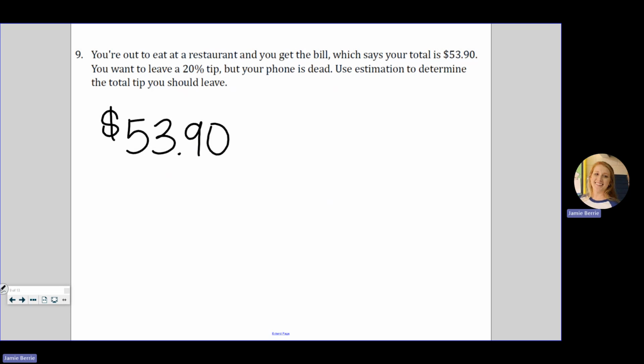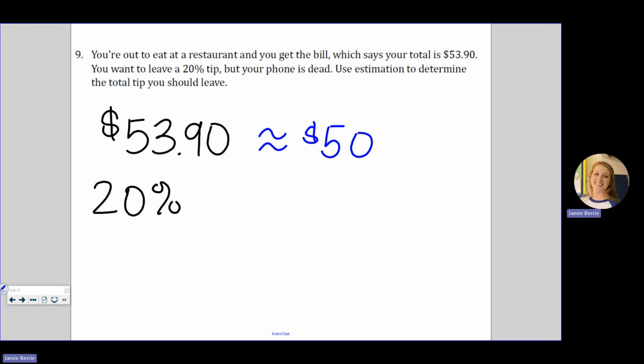All right, so that's your total. We're going to estimate it to be about how much? About $50. Yeah, then figure out what is 10% of that number. So we would say $53.90, that's about $50.